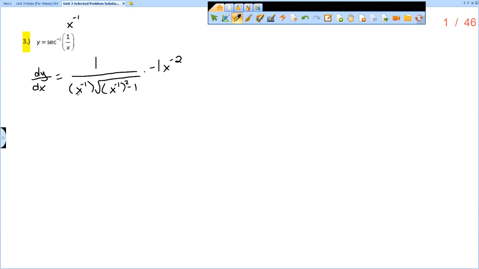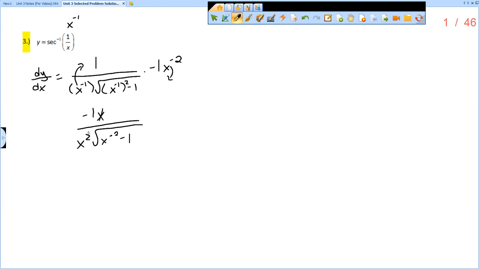If I have an x to the negative first here, that really just brings an x up to the numerator, just like here, this becomes an x squared in the denominator. So I have x, and a negative 1, so negative 1x in the numerator, and then this x squared, and then the square root of x to the negative second minus 1.